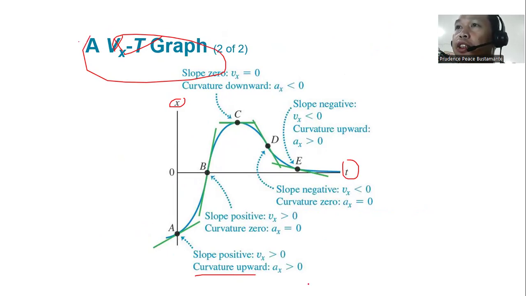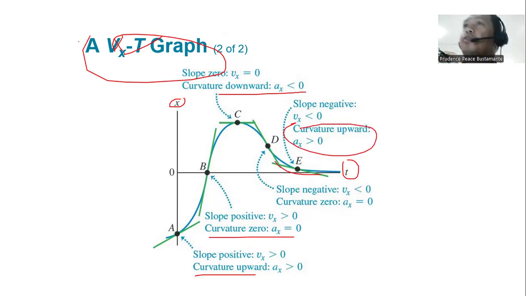If your curvature is downward, it means that your acceleration is negative. How about upward? Then your acceleration is positive. Downward, negative; upward, positive. If you look at the slope, you will know if the velocity is positive or negative. So this is how you look at the x-t graph.